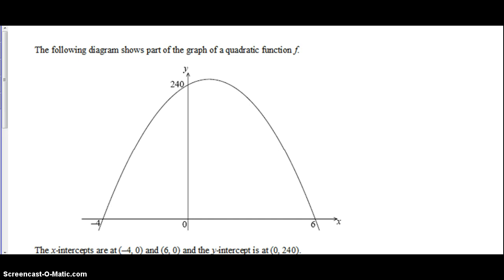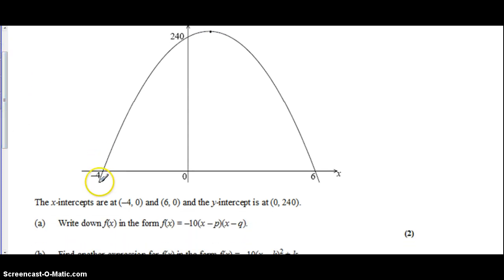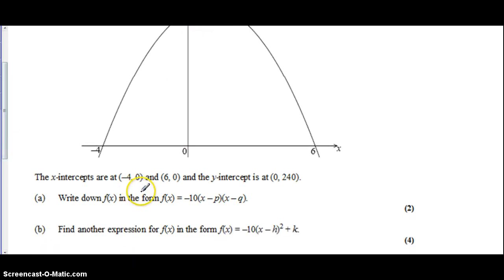Okay, for our second problem, it's a little more lengthy, but if you look at our diagram here, it's just as easy as the last problem. Our diagram has our quadratic function. We can see our vertex here. And our x-intercepts we're told are -4 and 6, and our y-intercept is (0, 240). So our first part is just realizing that they're giving us the x-intercepts.